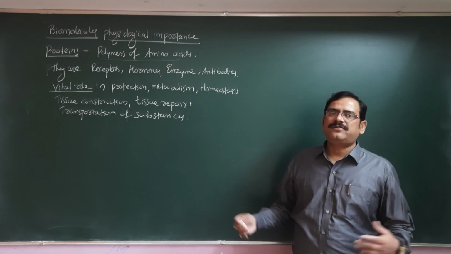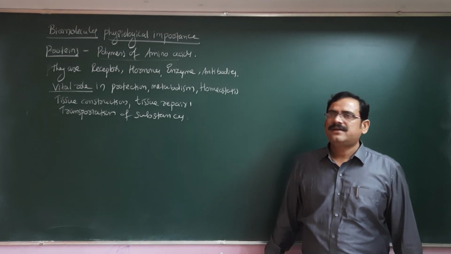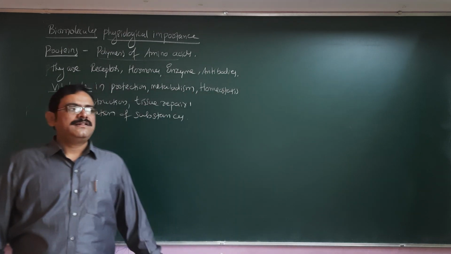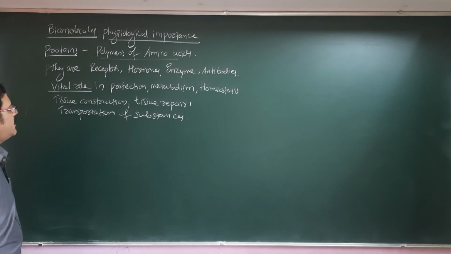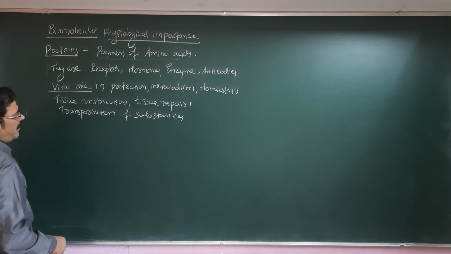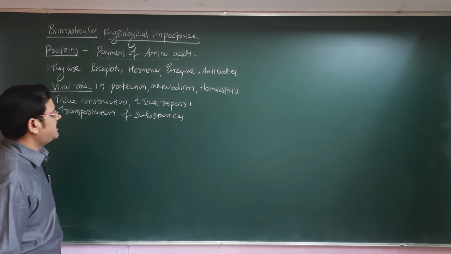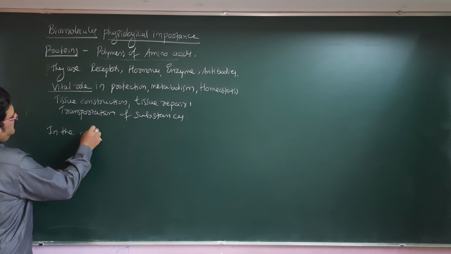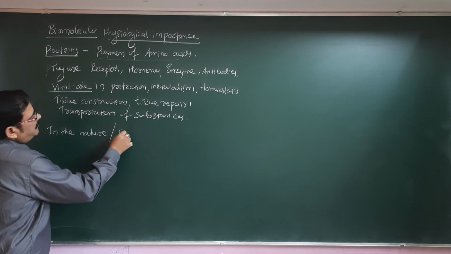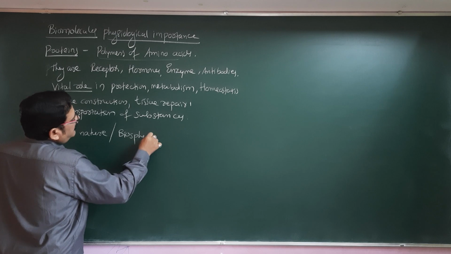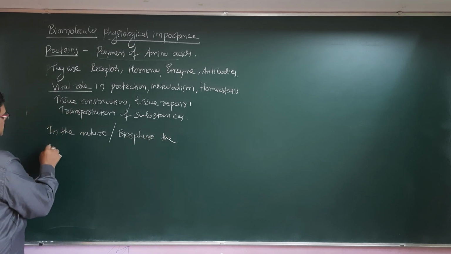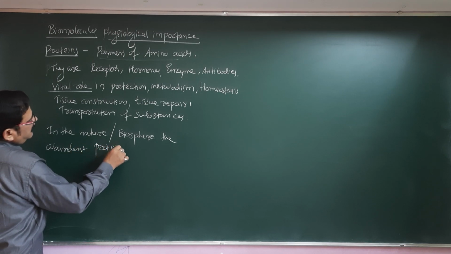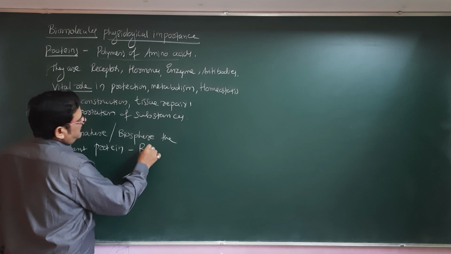Not only for humans, but entirely in nature we can find a variety of proteins, and they are very important. They have important functions, but the most abundant protein in nature, in the biosphere, is mainly rubisco.